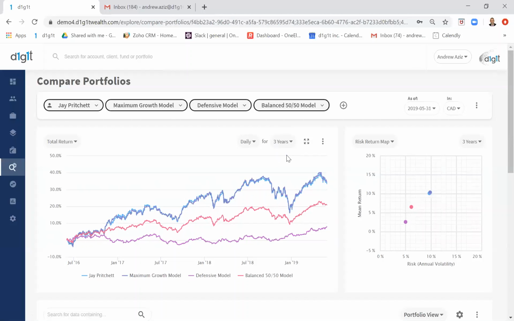Now, we may suggest to Jay that while he has performed well so far, perhaps it's time to dial back the risk and move closer to a balanced portfolio where he can still achieve good return, but with lower volatility.